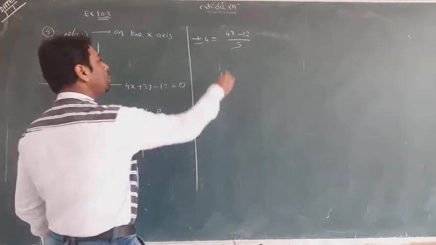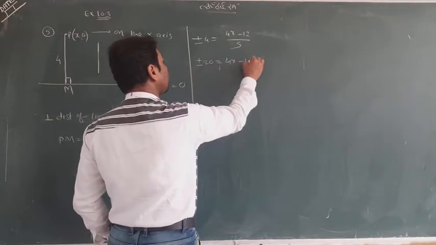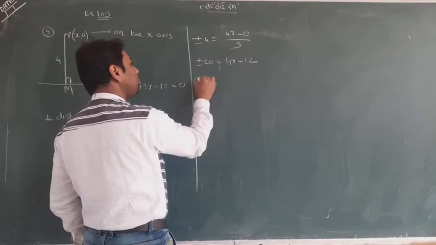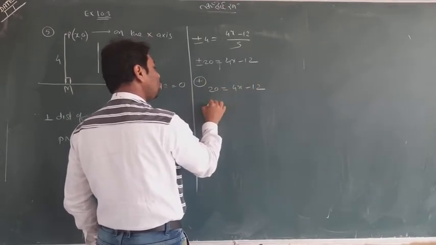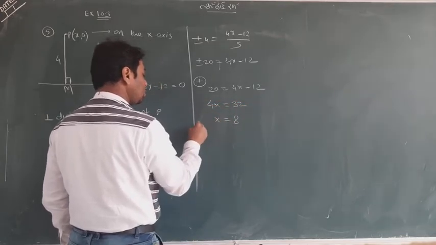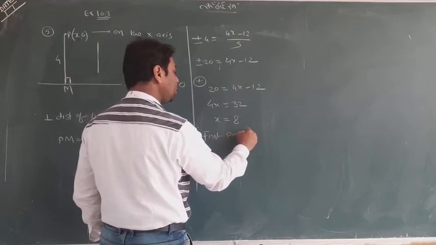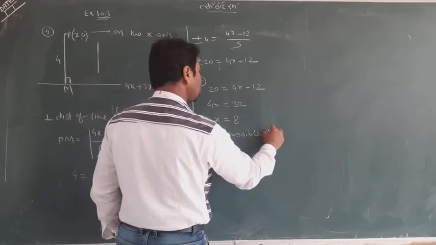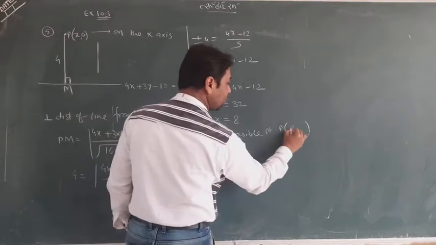Now do the cross multiplication. 5 times 4 is 20, equal to 4x - 12. With the first option, plus 20 equals 4x - 12, so 4x equals 32, so x is equal to 8. So the first possible point we have got is P(8, 0).